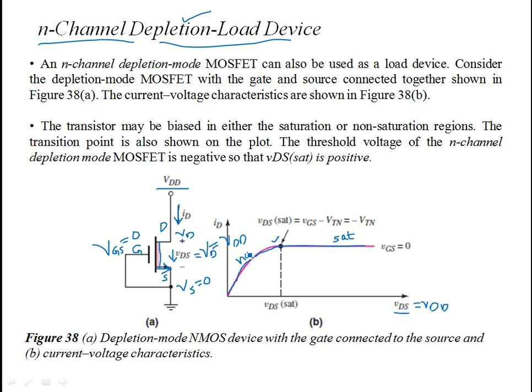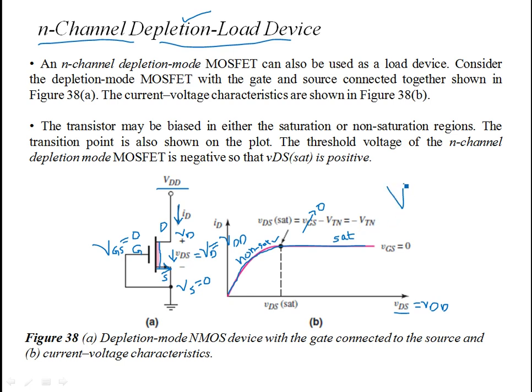In order to have the transition point be a positive quantity, you recall that the threshold voltage is negative for depletion mode. Over here VGS is 0, so you're left with a negative of VTN.